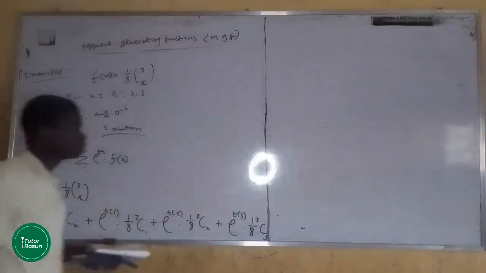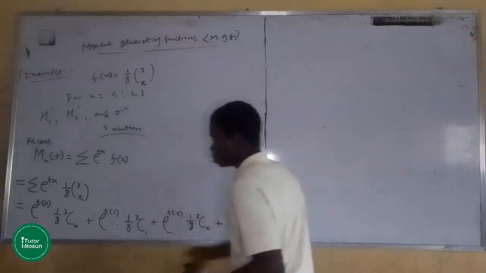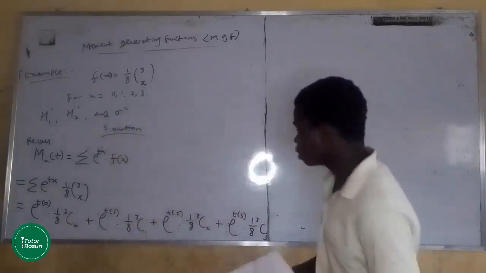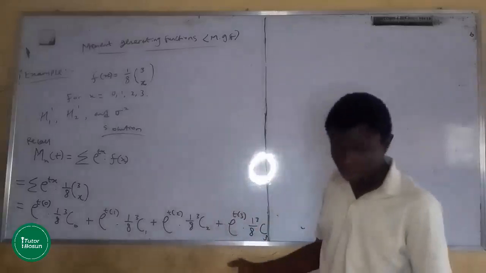We can decide to simplify this expression further. So if we simplify this expression further, what we're going to do, 1 over 8 is common for everything.